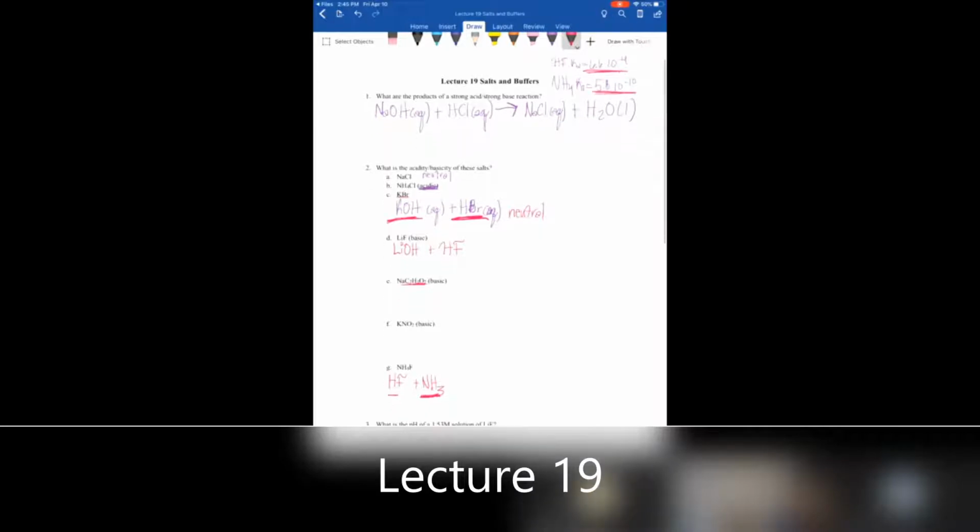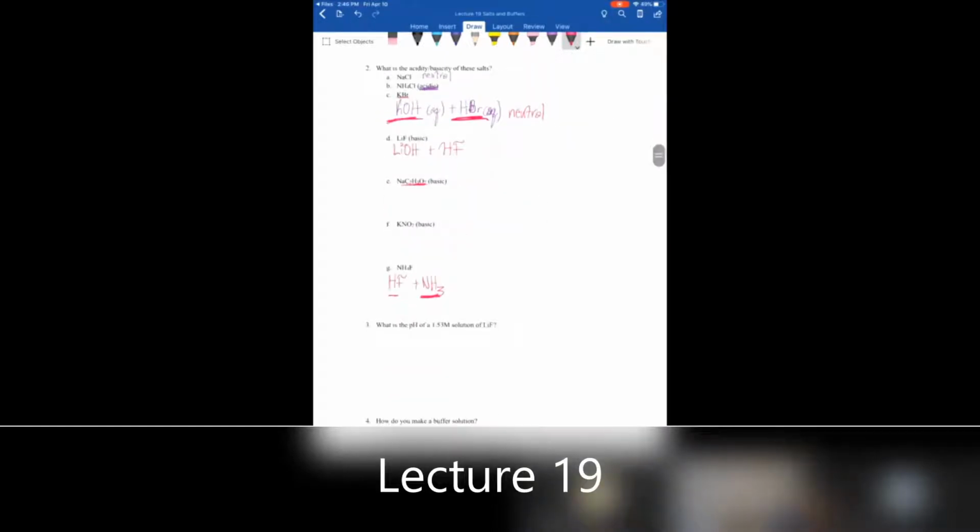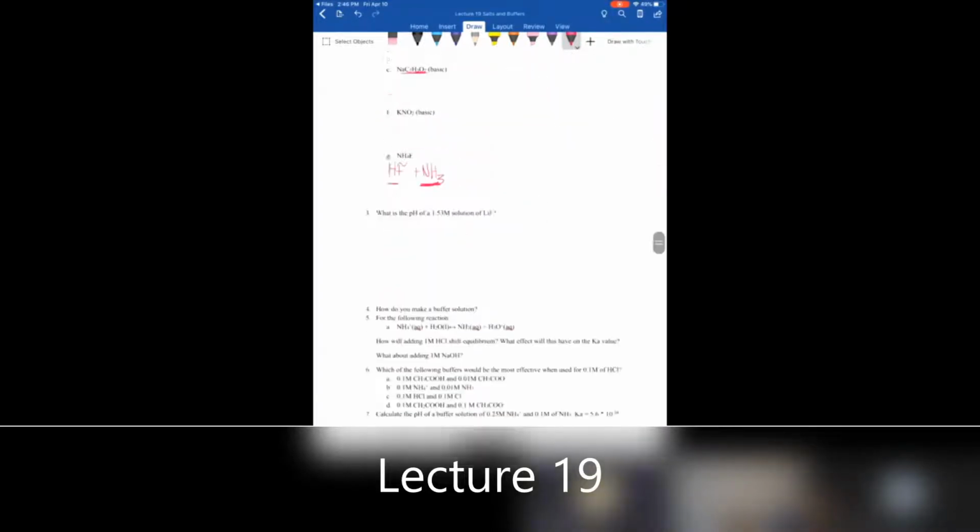Based on the Ka. If the Ka of one is bigger than the other, that means the Kb values switch. So the Kb of F minus would be smaller than the Kb of NH3. So it'd be basic. Cool. Okay.